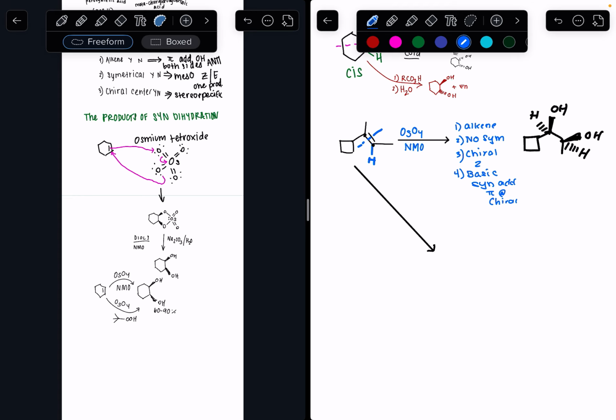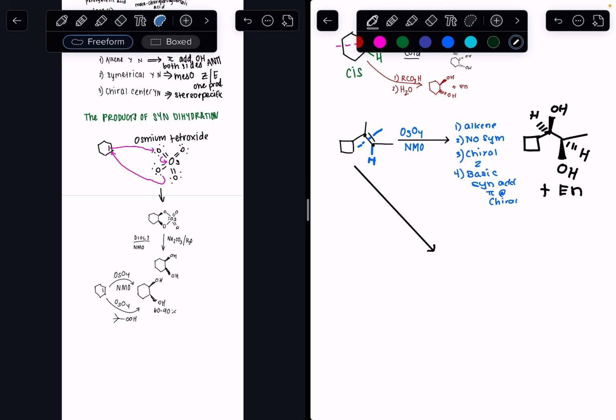So wherever that H is, that's where you're going to draw your new formation. I did it on the top. I need to do it on the bottom. Okay, so OH. And that's going to be our answer.